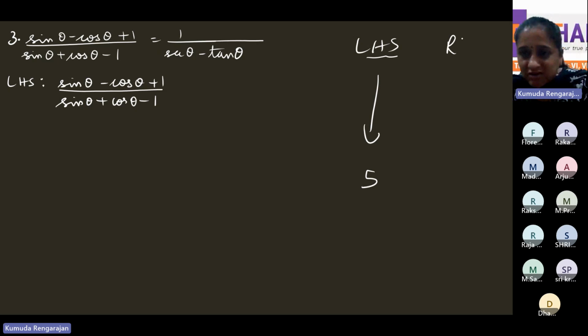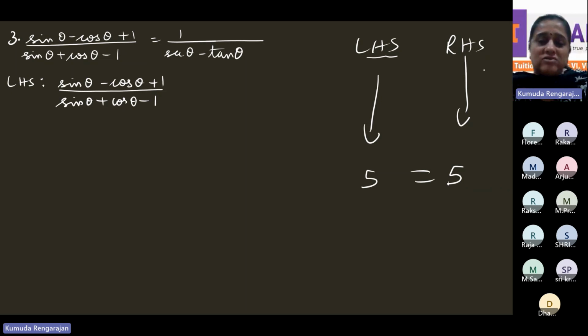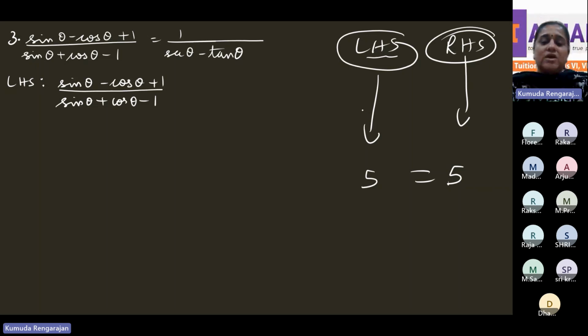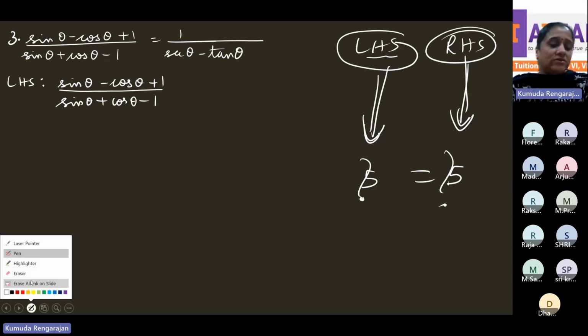Then you should take the RHS also and work it. You should get the same 5. Then LHS is equal to RHS, hence verified. There are cases like this also, where you have to work the LHS, work the RHS separately, get the same result. Like this also, we prove a few identities.